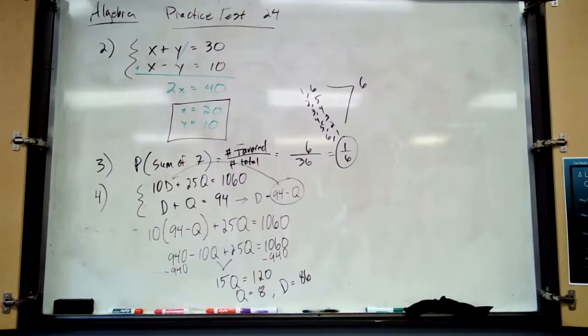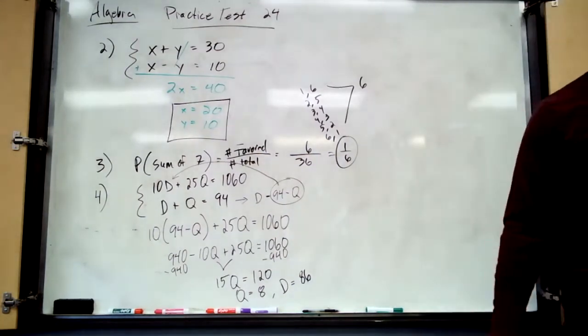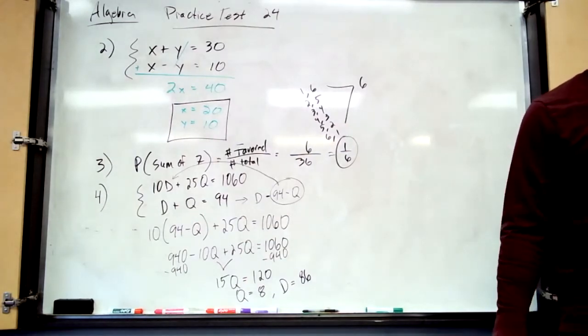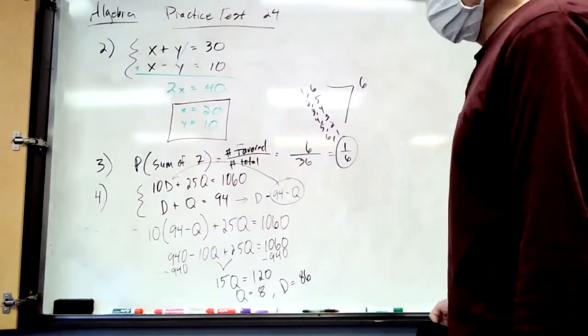More dimes, less quarters, because you got to lower that value down to $10.60. So you could have figured it out. You don't have to do it this way. But again, use the math you've been taught and you'll get credit for it, even if you get it wrong. Okay? All right, moving on to number 5.